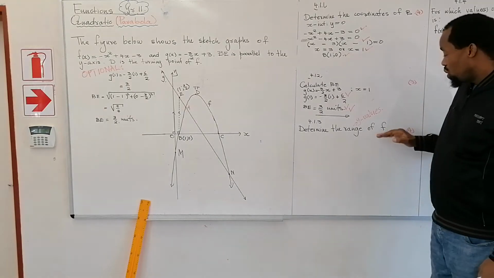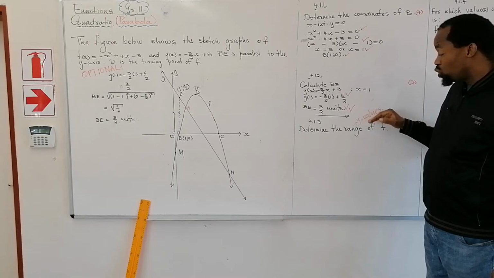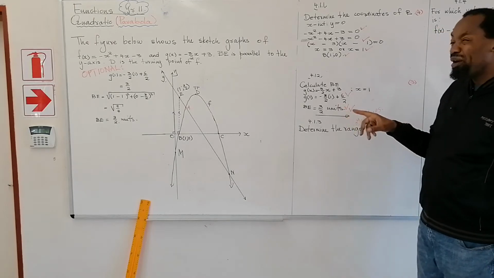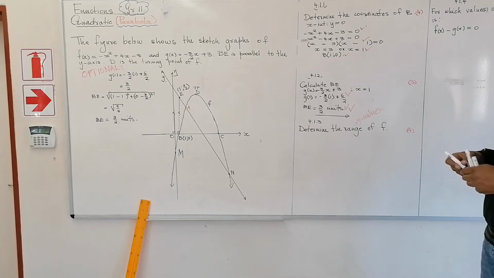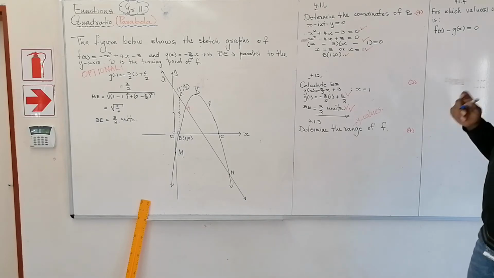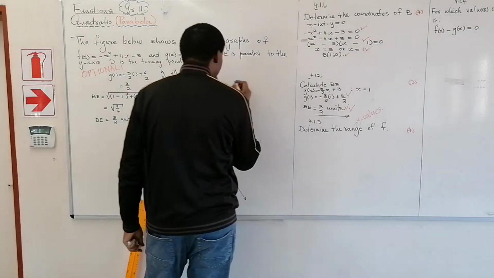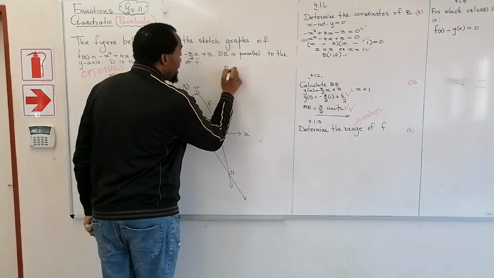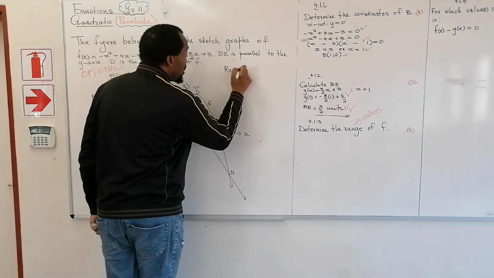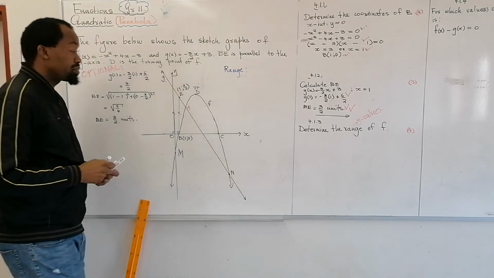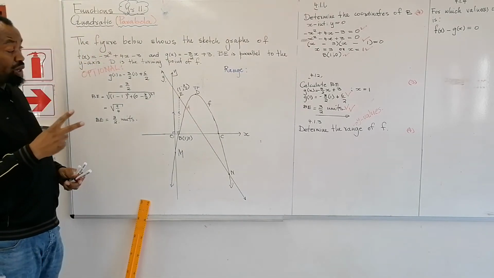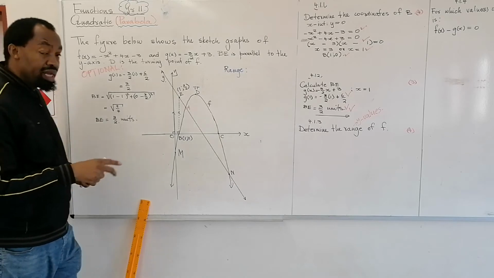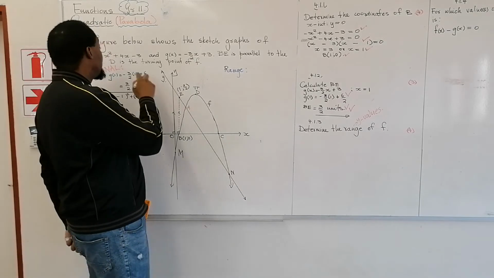Now, for you to be able to do that, remember from your characteristics, I said the range of the parabola. Let's go there and make our notes. The range of the parabola you can determine in 2 different ways.